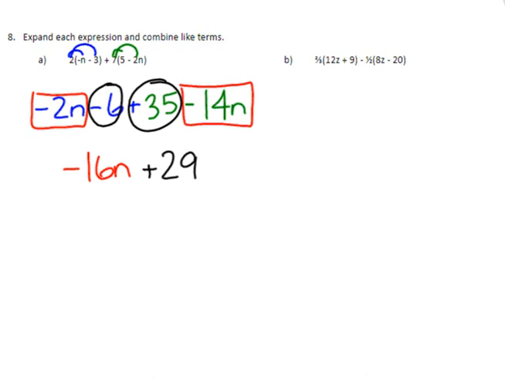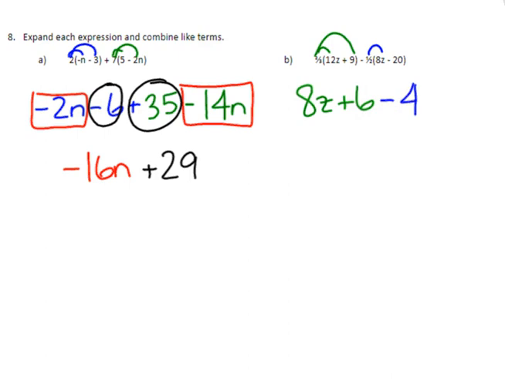All right, last one. We're going to do 2/3 of 12z. So 2 times 12 is 24. 24 divided by 3 is 8. 2/3 times 9. 2 times 9 is 18. 18 divided by 3 is 6. And then negative times positive is negative.